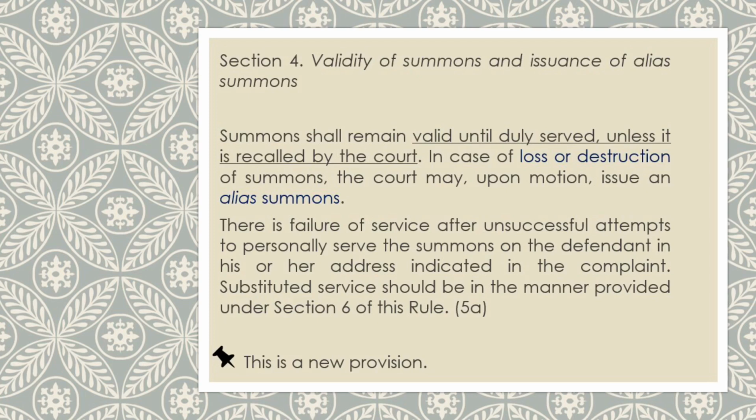There is failure of service after unsuccessful attempts to personally serve the summons on the defendant in his or her address indicated in the complaint. Substituted service should be in the manner provided under Section 6 of this rule.